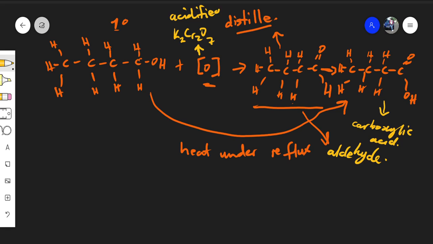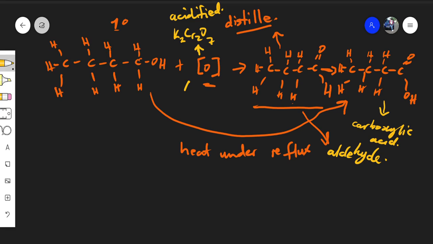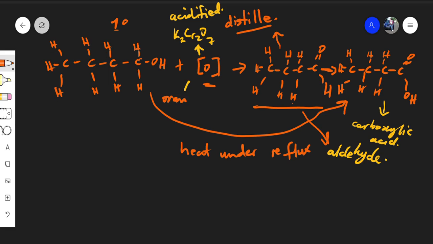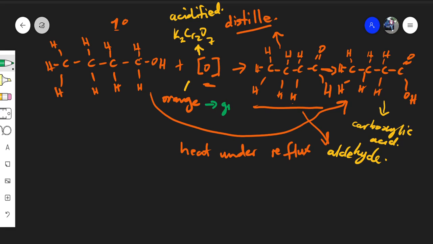It is acidified potassium dichromate, and remember that it will turn from orange to green, right, when oxidation happens. So this is very important. You are not required to actually do this.